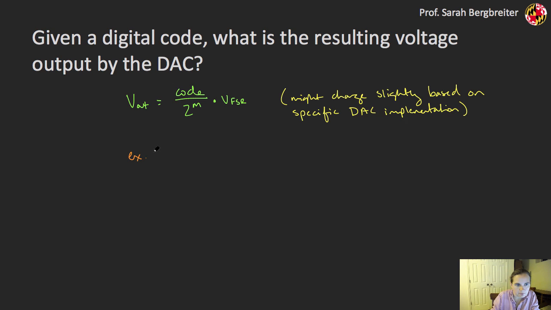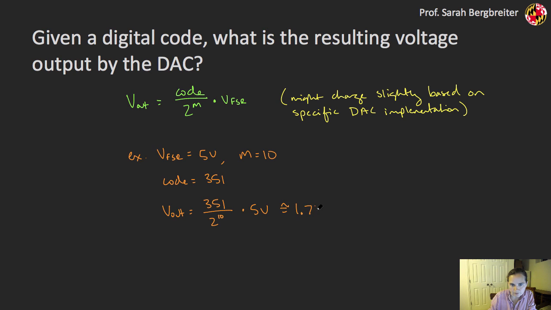So a quick example: if I have a full scale range of 5 volts and a 10-bit DAC, and let's say I'm outputting a code of 351, sounds like a good number, my V out in that case is going to be 351 divided by 2 to the 10, or 1024, times 5 volts, or about 1.71 volts.